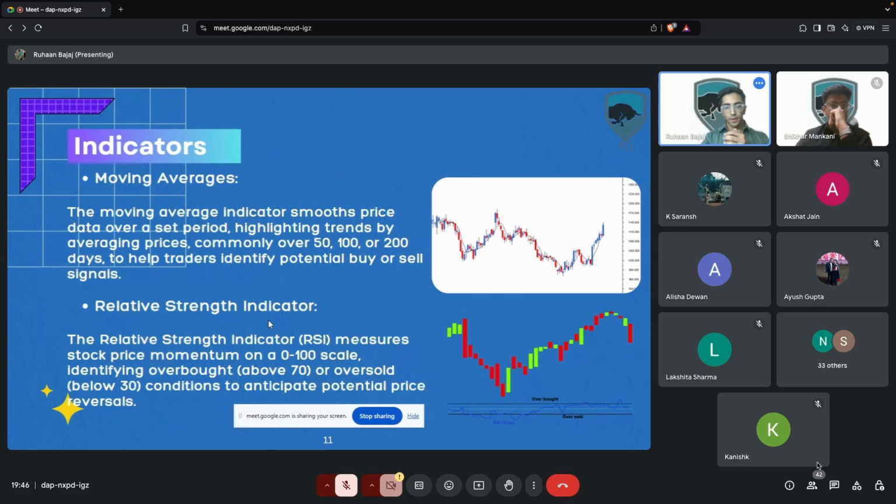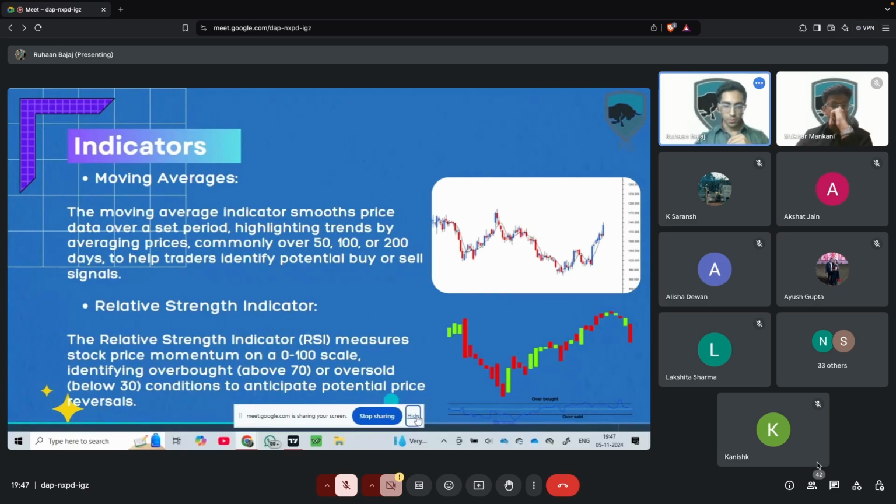Moving averages are mostly used, again, to supplement, to find points where a stock has come to over the past years, or I should say months, depending on the moving average you are taking.